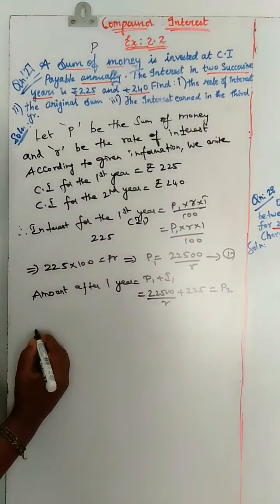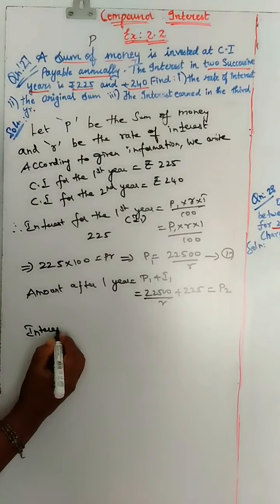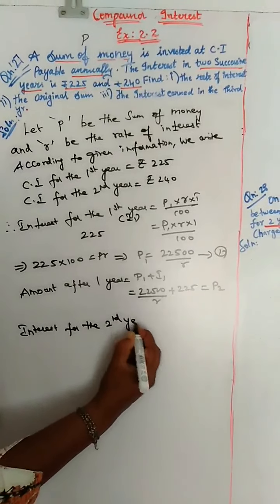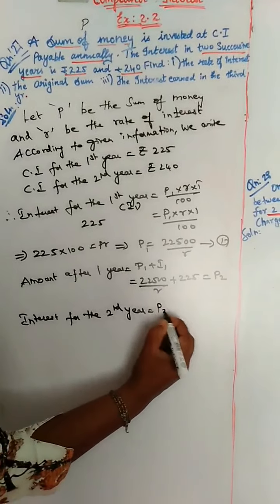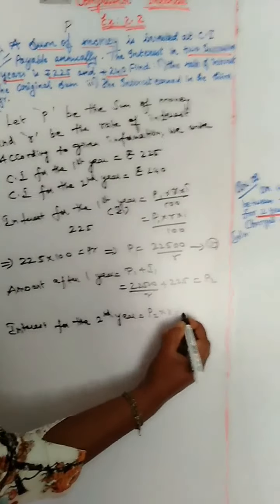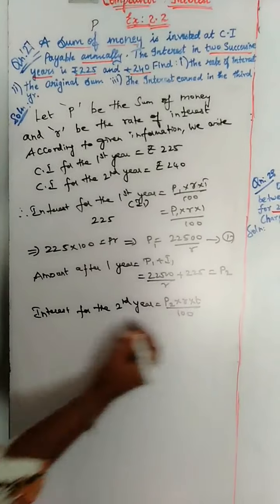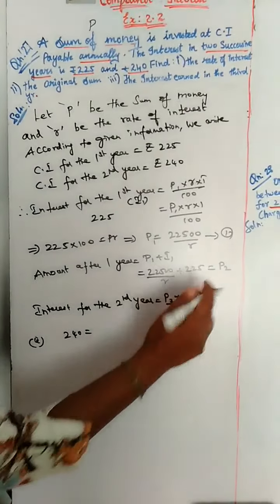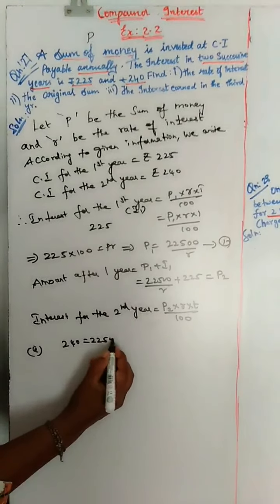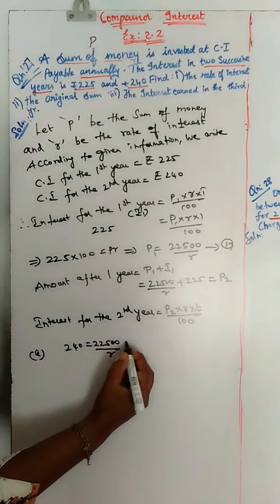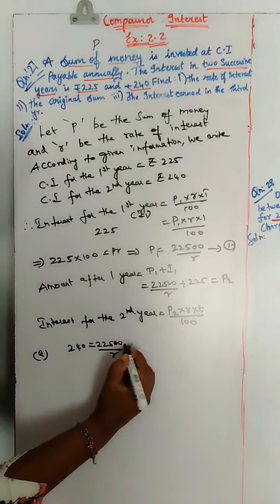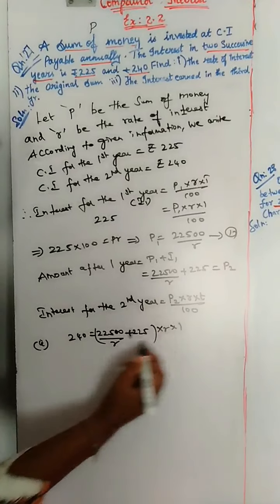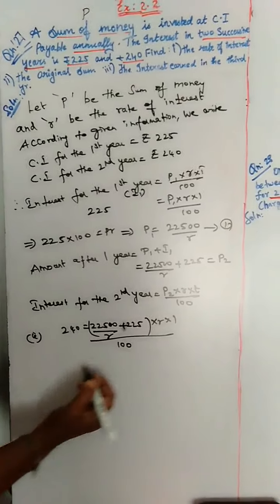Next, we find the interest for the second year: I2 equals P2 into R into T by 100, that is, 240 equals (22,500 by R plus 225) into R, time period 1, divided by 100.